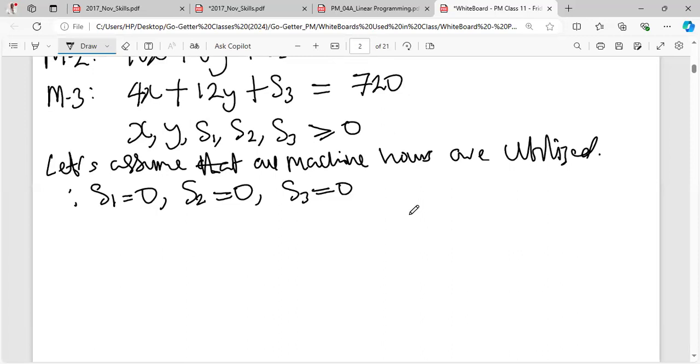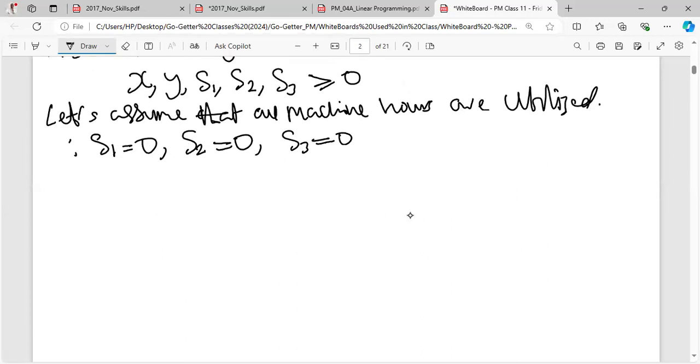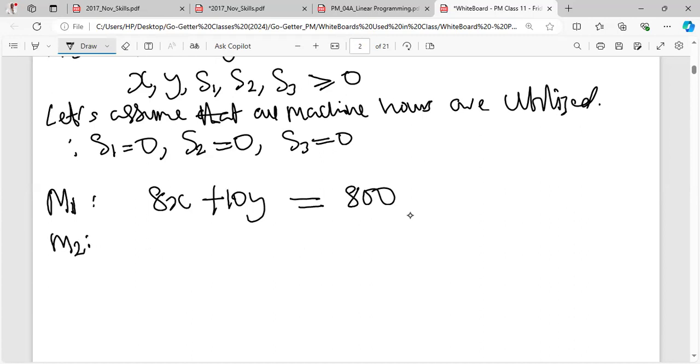So how will that be? We will now rewrite this again. M1 will now be 8x plus 10y. It will now be equal to 800 because your S1 is 0. Your M2 will now be 10x plus 6y, equal to 600 because your S2 is 0.